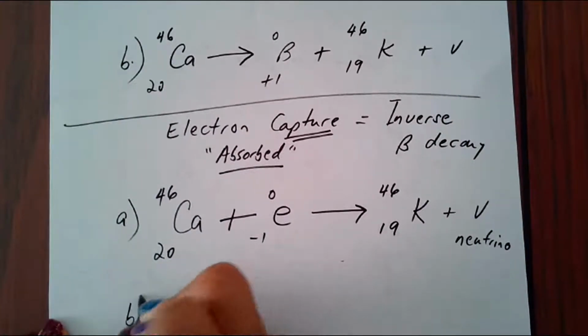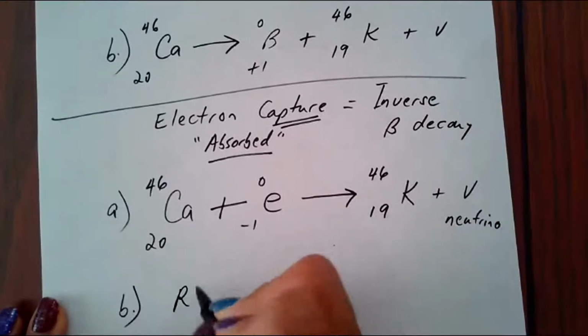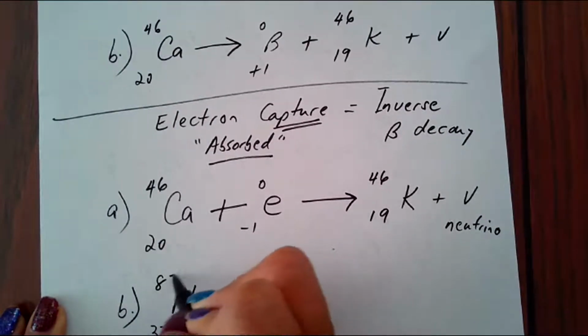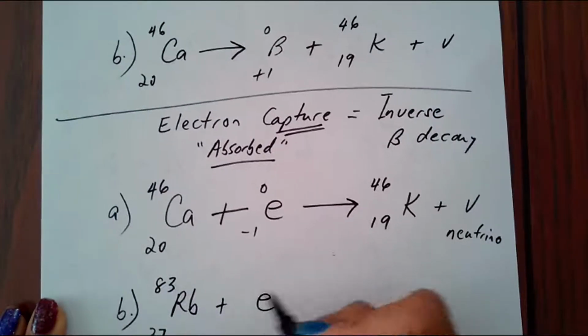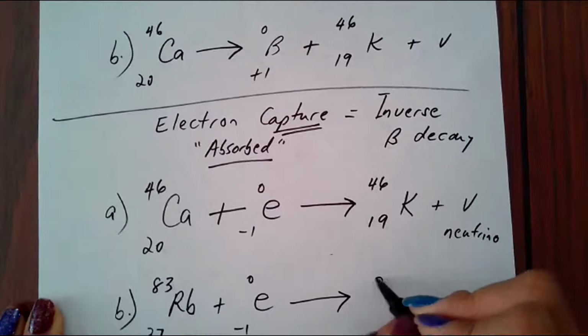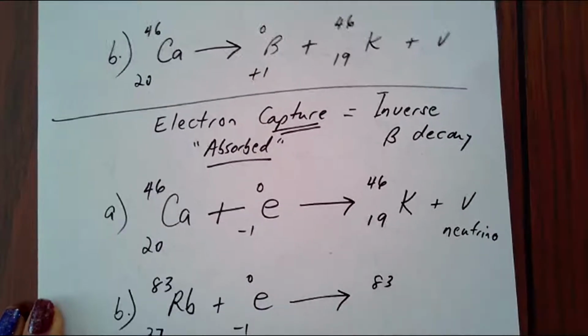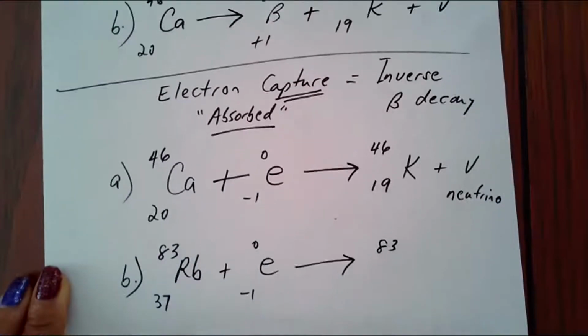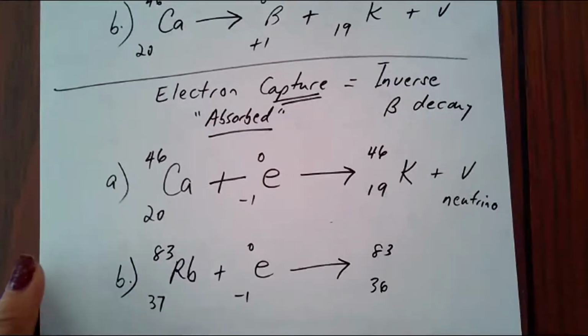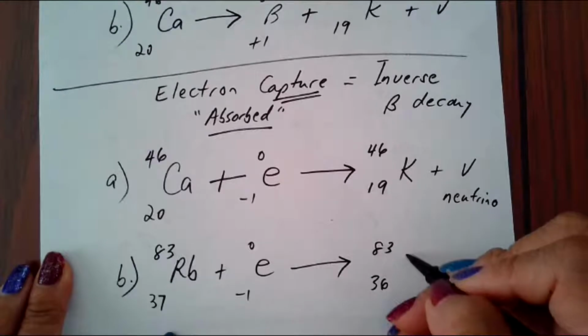One more example of an electron capture, let's look at rubidium, 37 and 83, absorbing an electron. What you get is 83 plus 0 is 83, 37 plus -1 is 36, and number 36 is krypton.